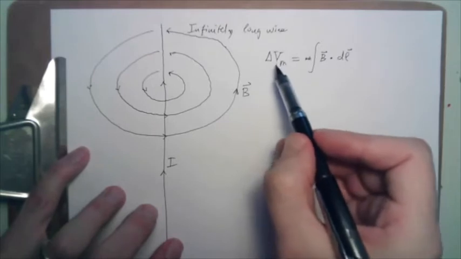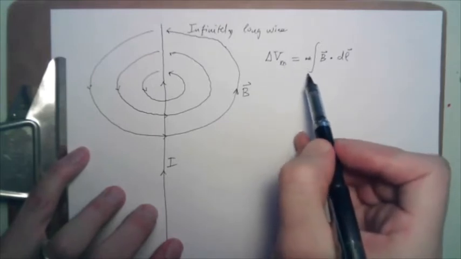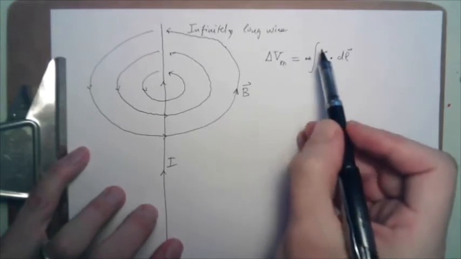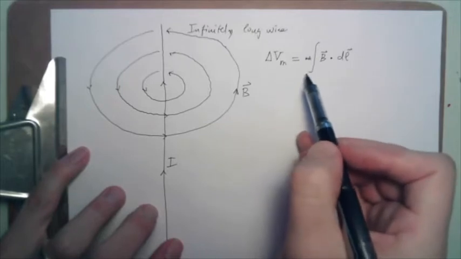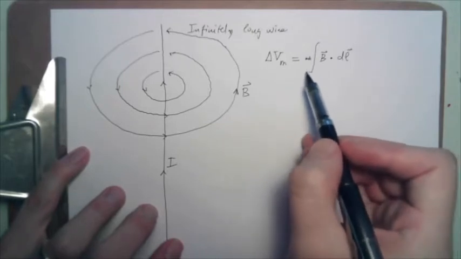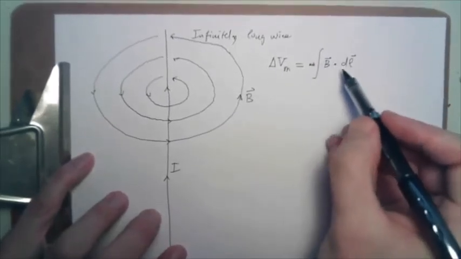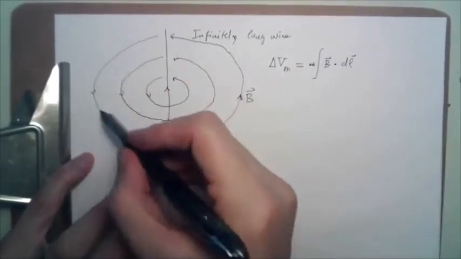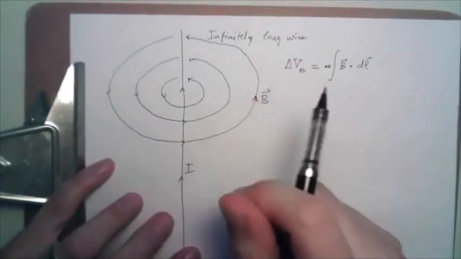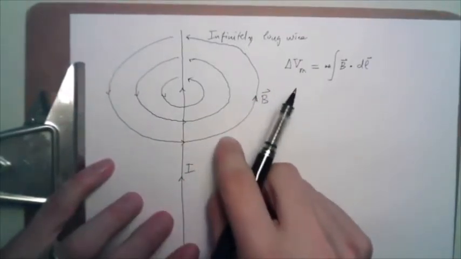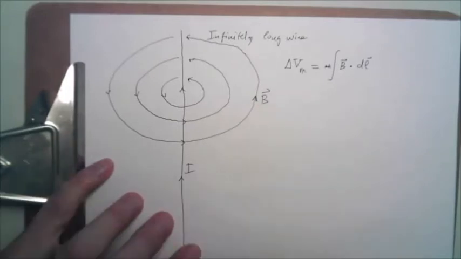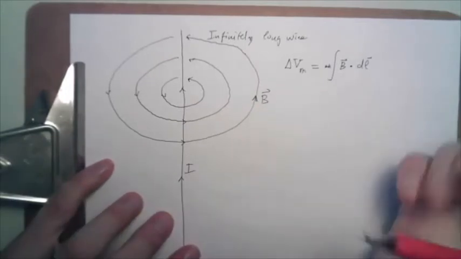Except we're not going to do this over wires that have a beginning point and an end point that are distinct. We're only going to do this over closed paths. So we'll execute this integral over closed paths, and we'll do that in a manner that is going to help us arrive at Ampere's law.